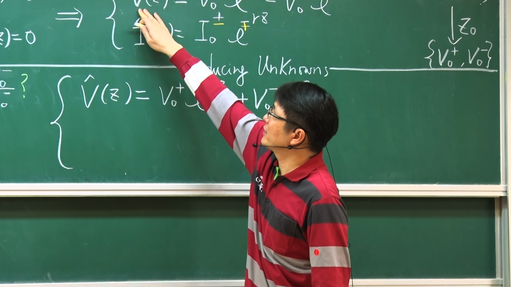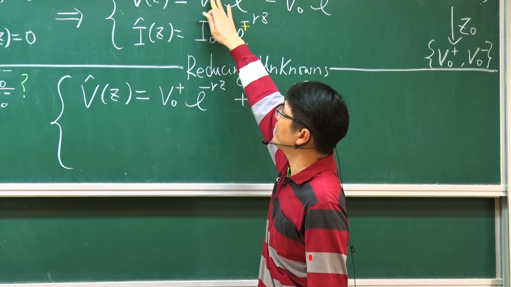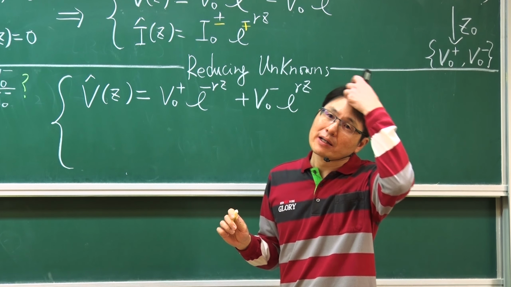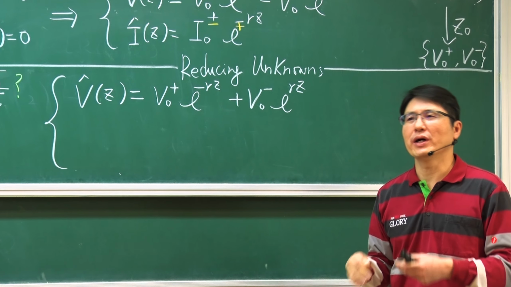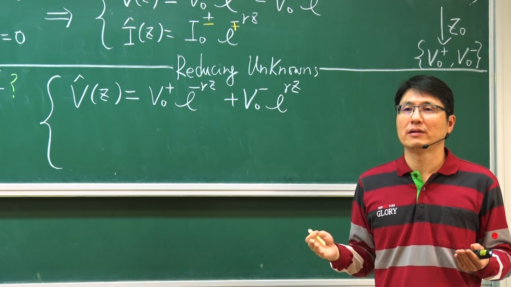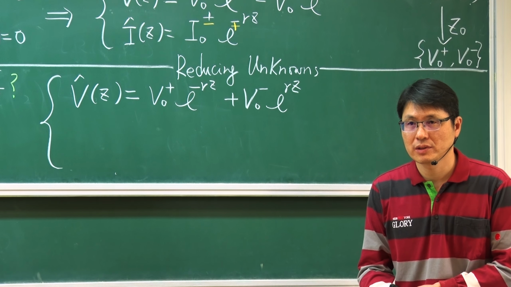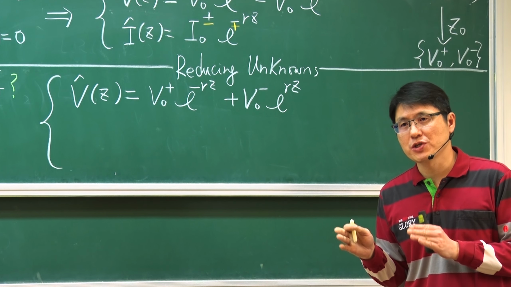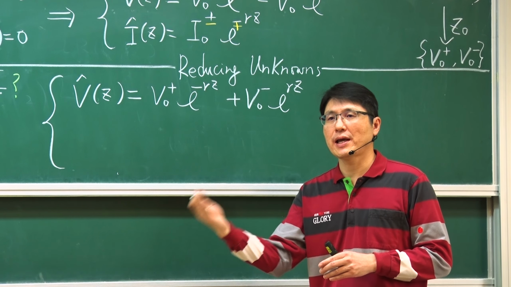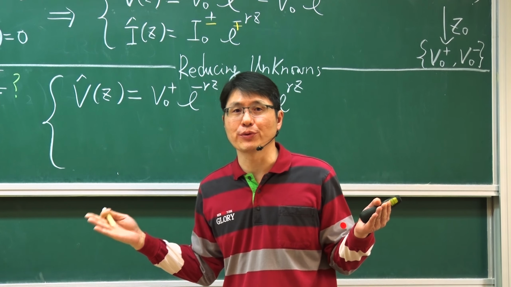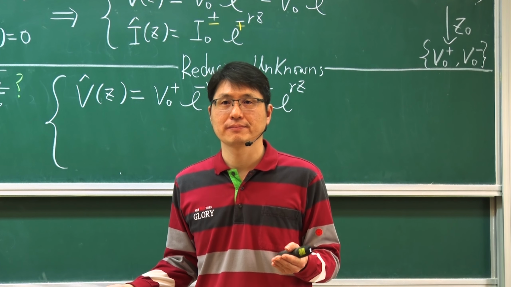Voltage phasor as a function of space can take on a forward propagating solution and a backward propagating solution. Can I say that, well, I only care about the total voltage. So even though on the transmission line I have forward and backward, when I add them together, they're also a solution for it, right? Superposition.